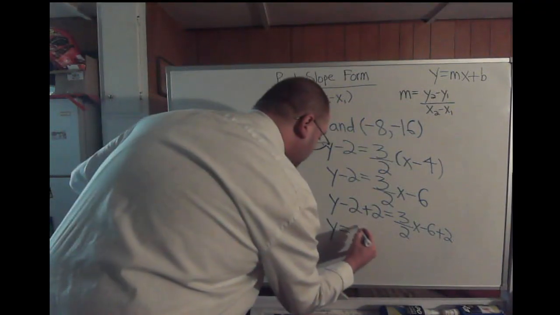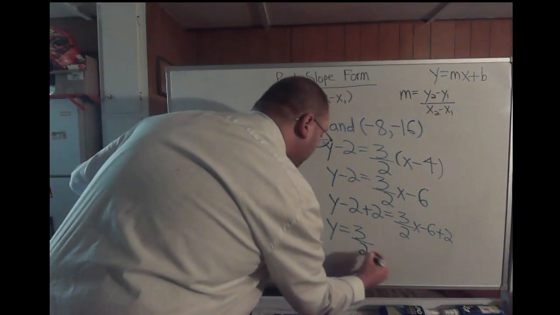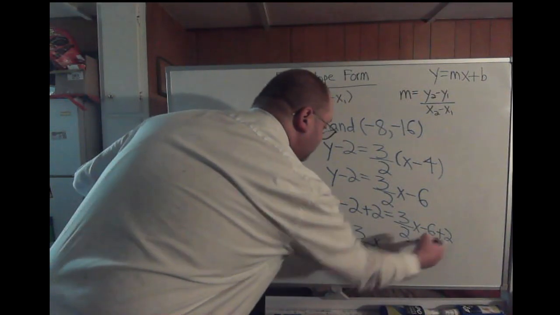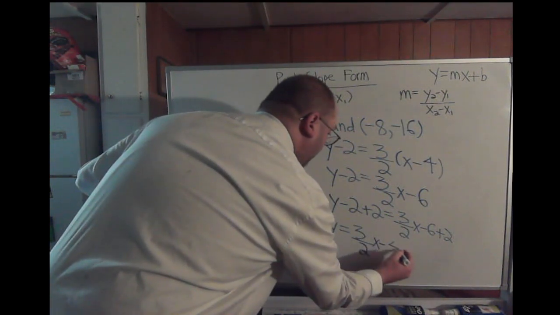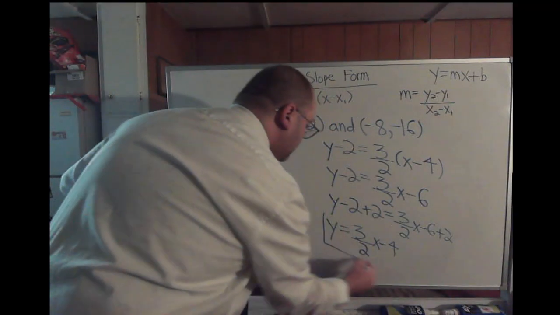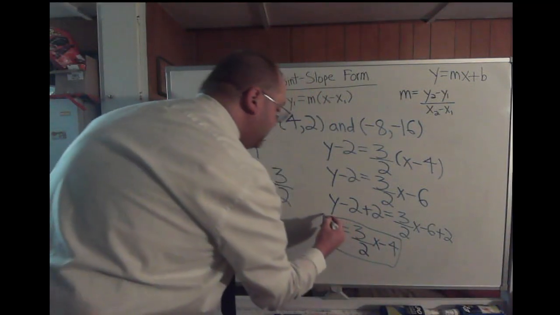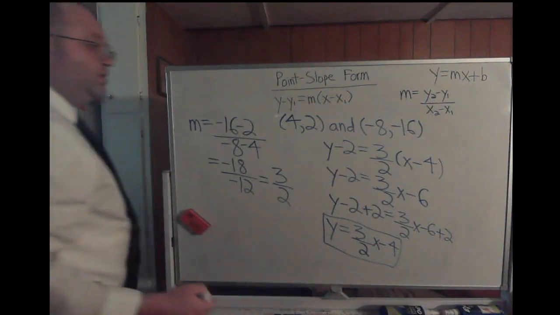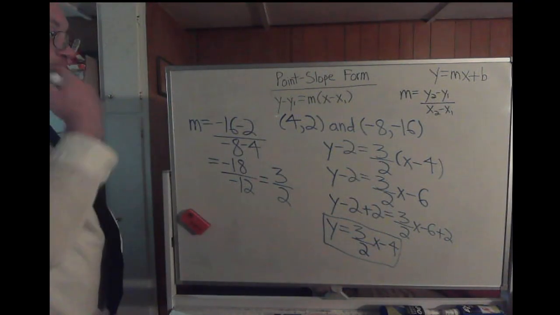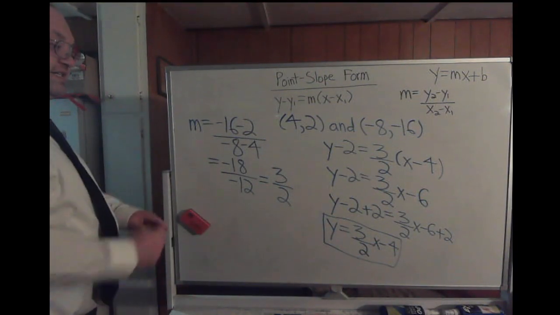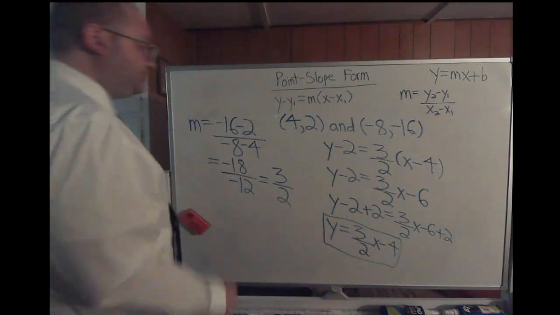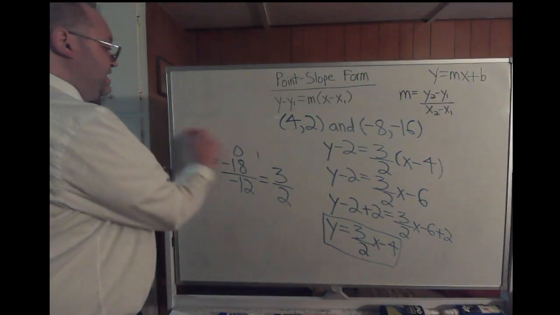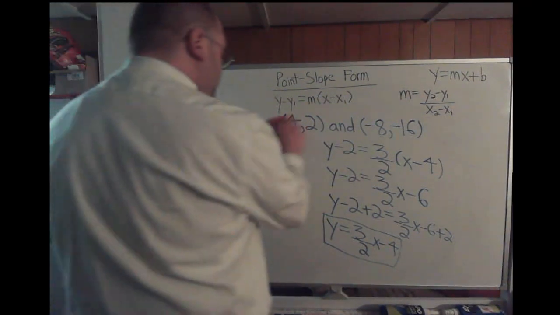The 3 halves x we can't do anything with. But negative 6 plus 2, well, that's negative 4. So your slope-intercept form of the equation is going to be y equals 3/2 x minus 4. That's exactly what you would get. I got two more examples for today.